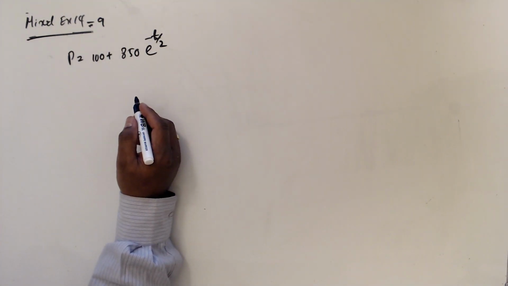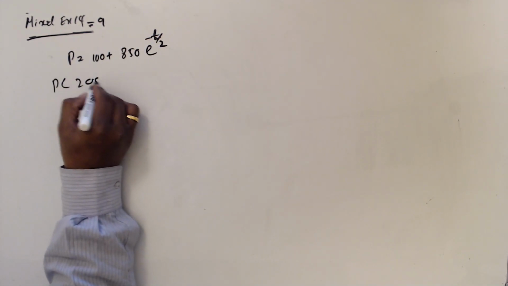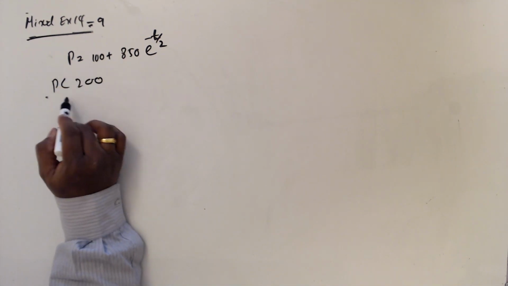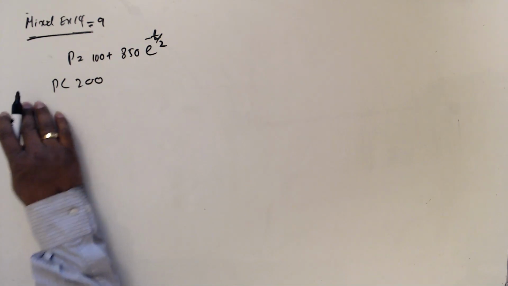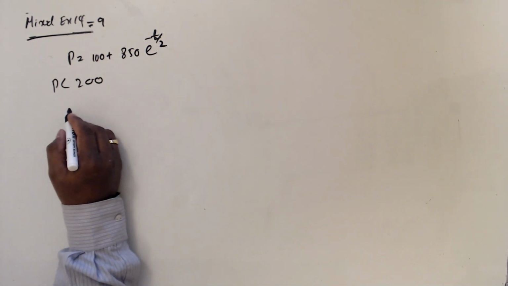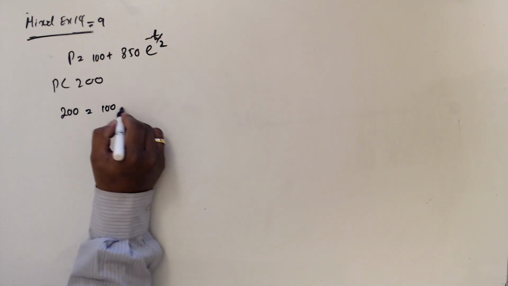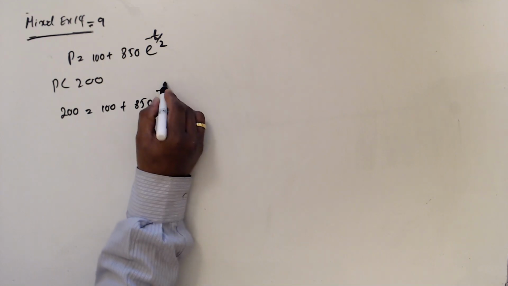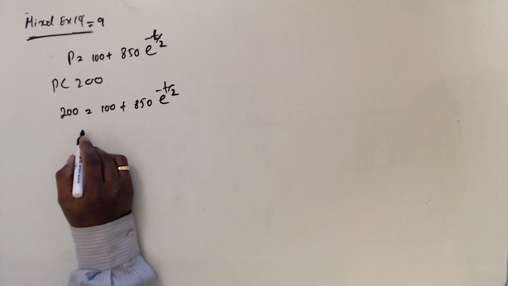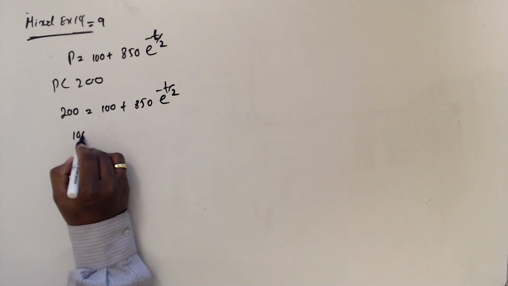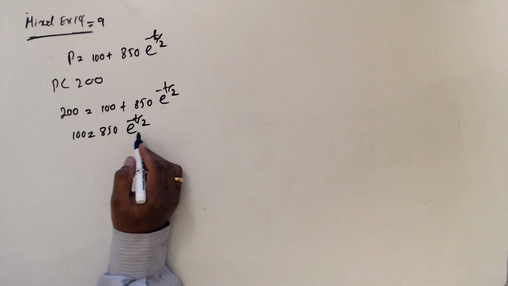And part C: when will it be worth less than 200? P less than 200. We can work it as an inequality, or we can work it as an equality and then get the right sign. So we apply P equals 200 here: 200 equals 100 plus 850 e to the power minus t over 2. So this is going to be 100 equals 850 e to the power minus t over 2.